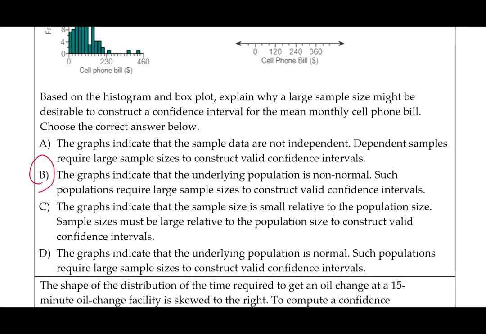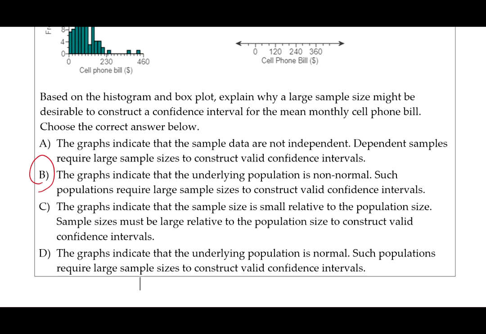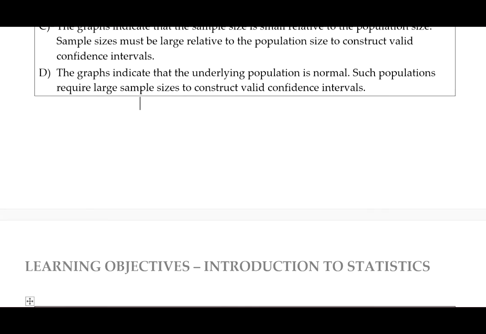Such populations require large sample sizes to construct valid confidence intervals. Actually, that is not true because the graphs indicate that the population is not normal. And if it had been normal, then we would not need a large sample size.